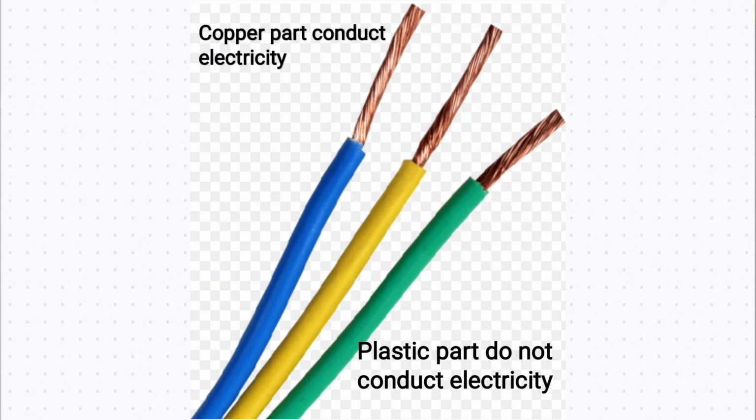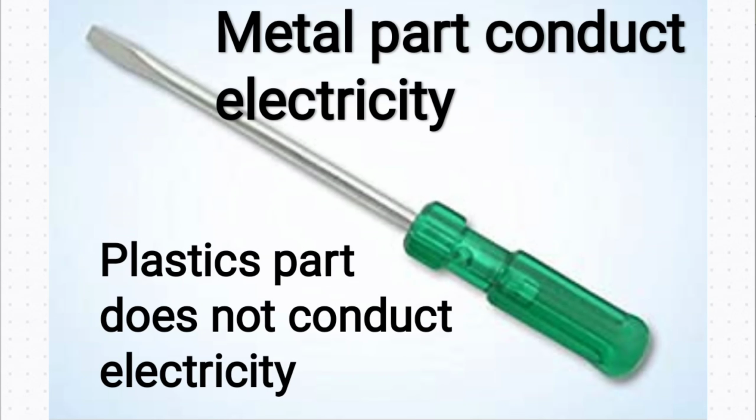When we are working with electrical wire, we should touch only the plastic portion. Same thing with screwdrivers. The green portion of the screwdriver, that is the handle portion, is a kind of plastic which will not conduct electricity.